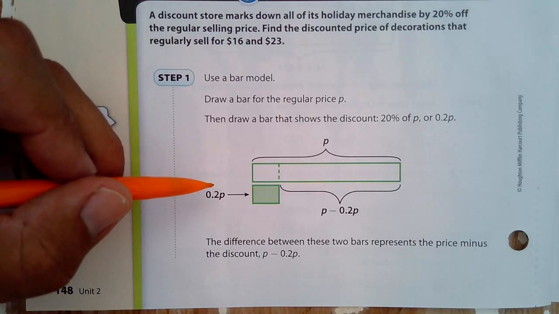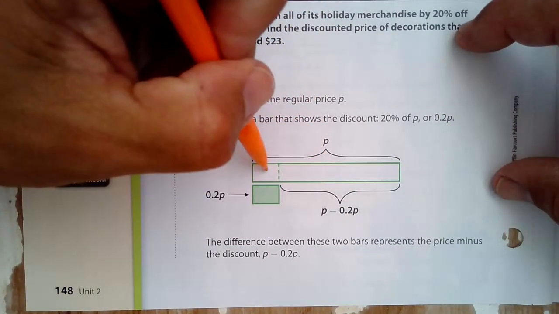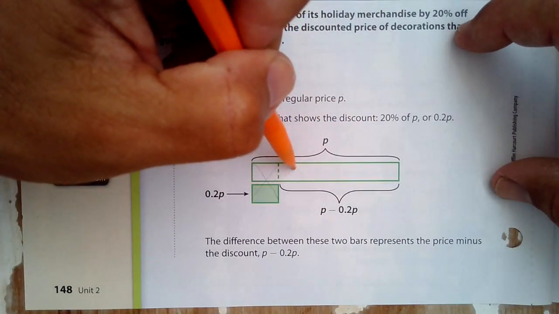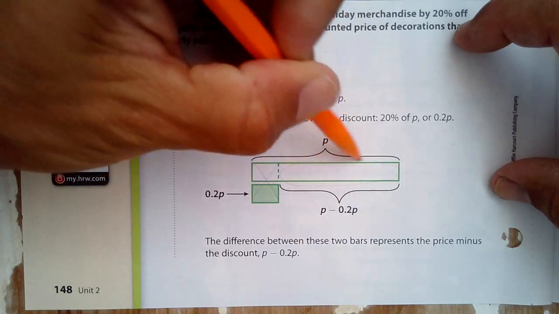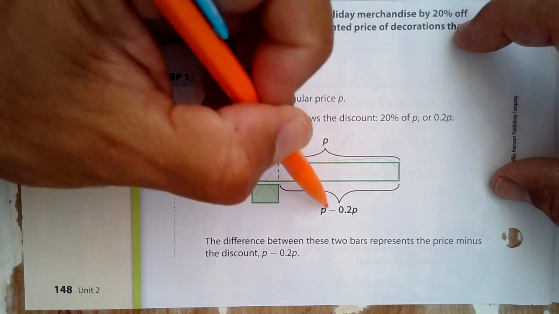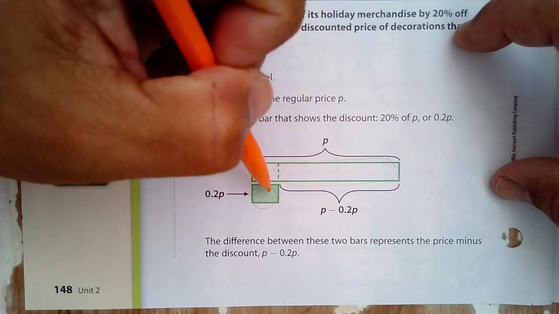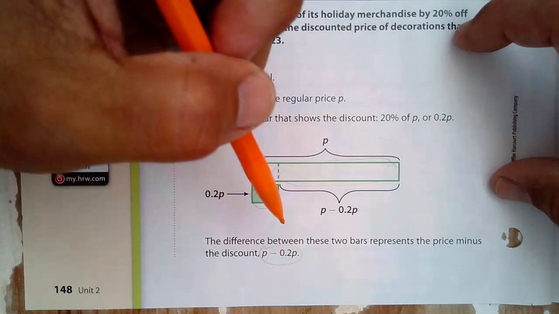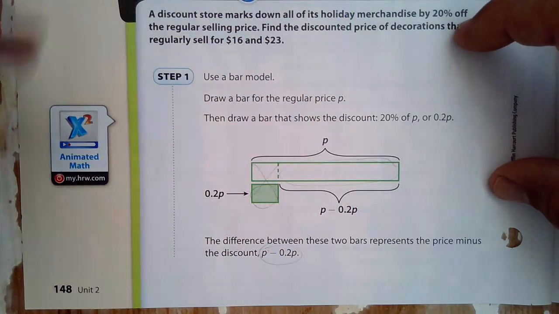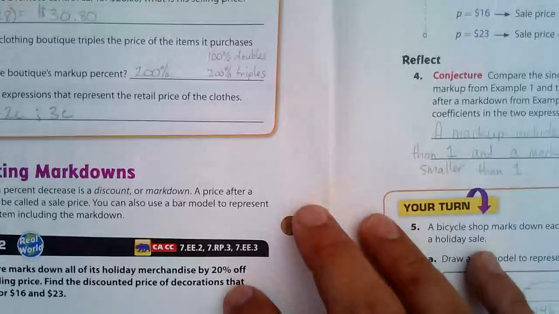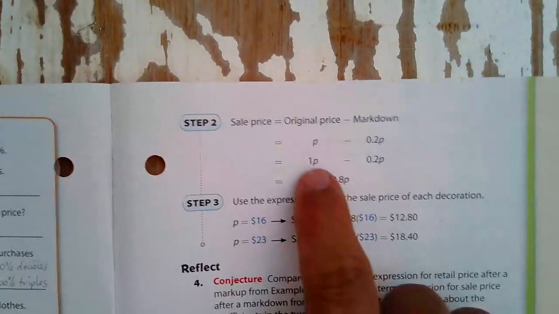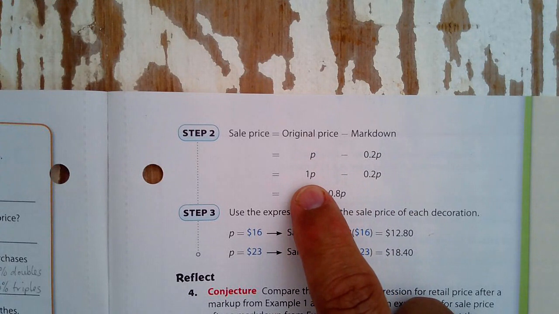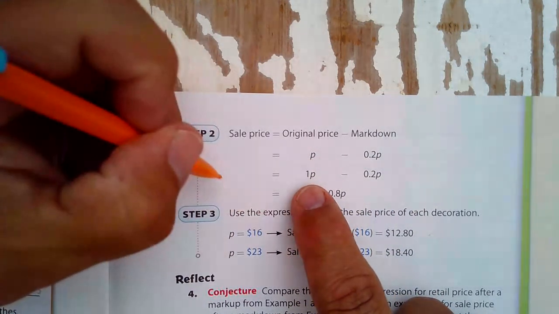So our expression to find out, we're removing this part here. This whole part gets removed. So what you're going to pay is this part, and that is the P minus this 0.2P. So the difference between the two bars is this. But we could be a little more efficient with this. We could take that expression, P minus 0.2P, and P counts as 1P, as we saw prior.